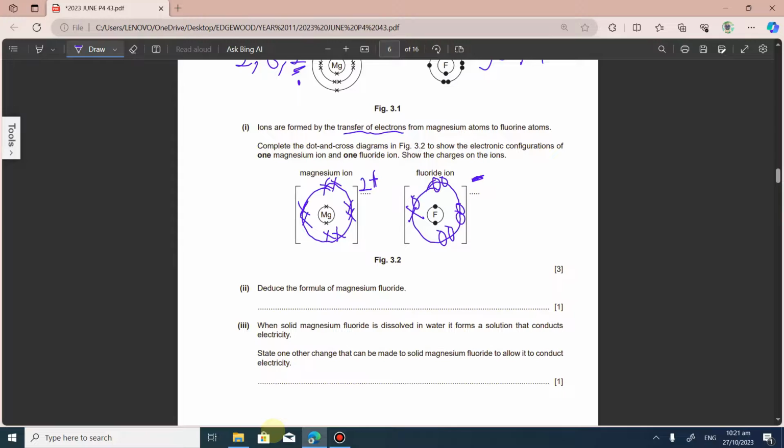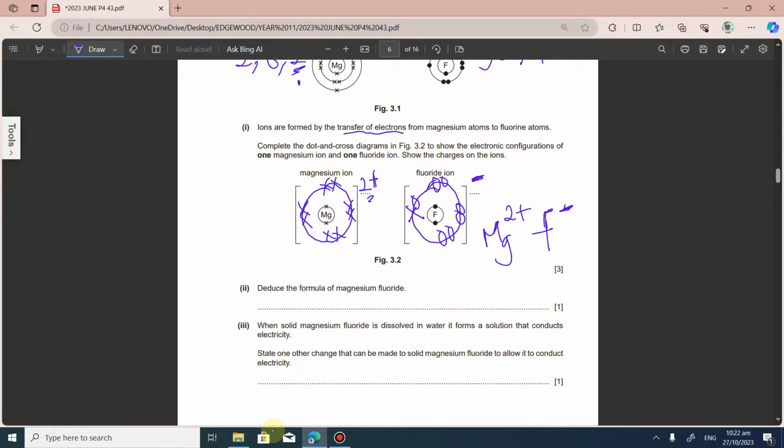Now deduce the formula of the magnesium fluoride. So for us to deduce the formula of the magnesium fluoride, we use what we have obtained here. So we have magnesium, and the charge of magnesium is 2 plus. And then we have the fluoride ion, and of course it's minus, which is more like the -1. Okay, so the idea is this, that they exchange oxidation numbers excluding the charge.